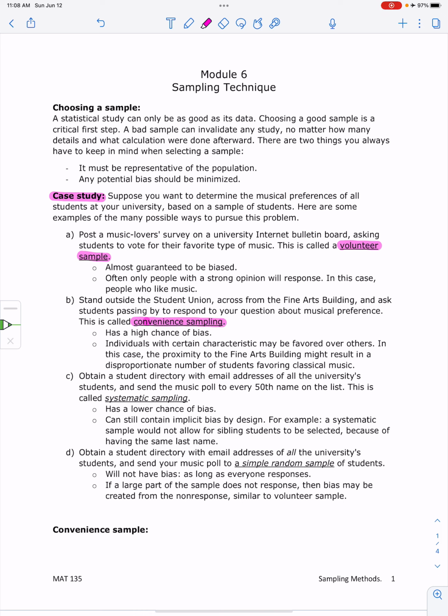We are talking about convenience sampling, choosing those that are easy for us to get to. Systematic sampling, where we have a system for choosing every third or every seventh or every 50th person in our population. And then a simple random sample, which is typically the goal and what we are looking for so that we have a sample that best represents our entire population.